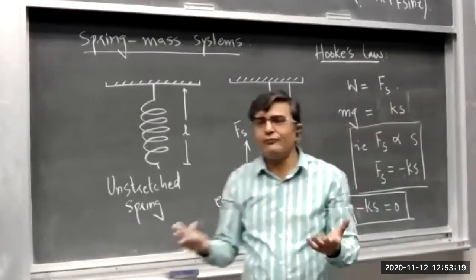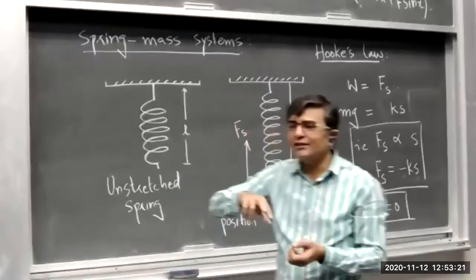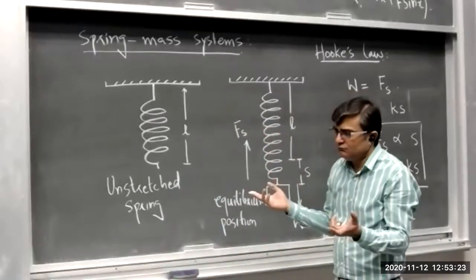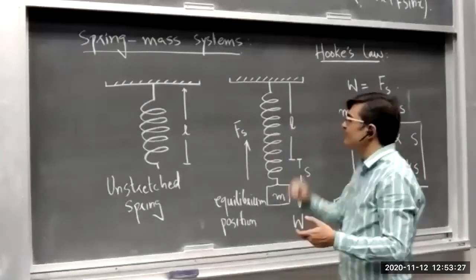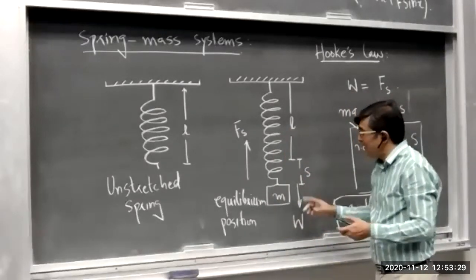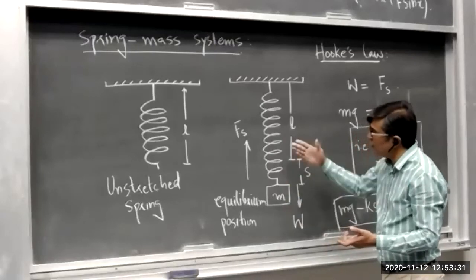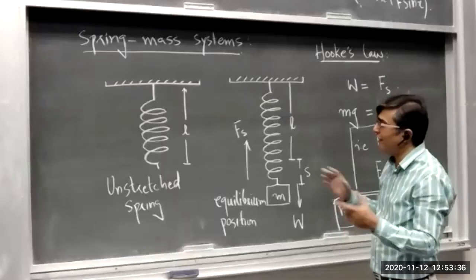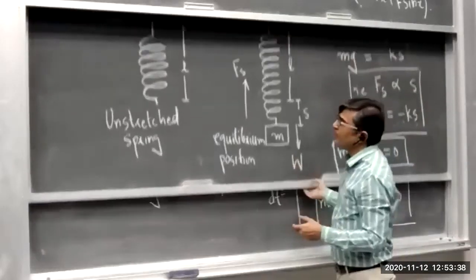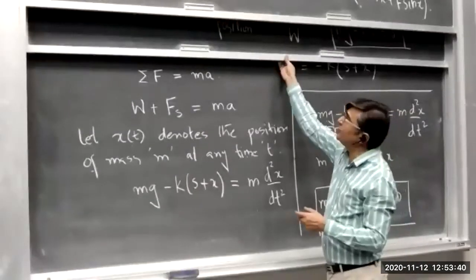If there are no friction forces, it will oscillate always. It will not stop. There will be permanent oscillations, and the motion will not stop forever. So this is called free undamped motion.